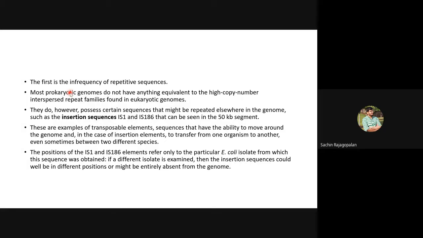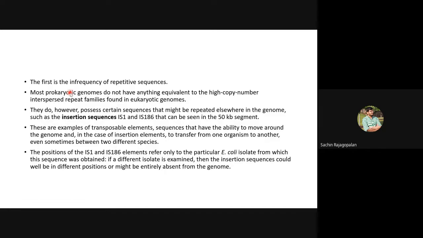They don't have such high copy number of repeat families in their genomes. They surely possess certain sequences that are repeated elsewhere in the genome, which are called insertion sequences, like insertion sequence 1, insertion sequence 186, which is around a 50 kb segment. But again, their repetition is not as high as what you find in case of repetitive sequences in eukaryotic genome. The repetitive sequences in all are less.